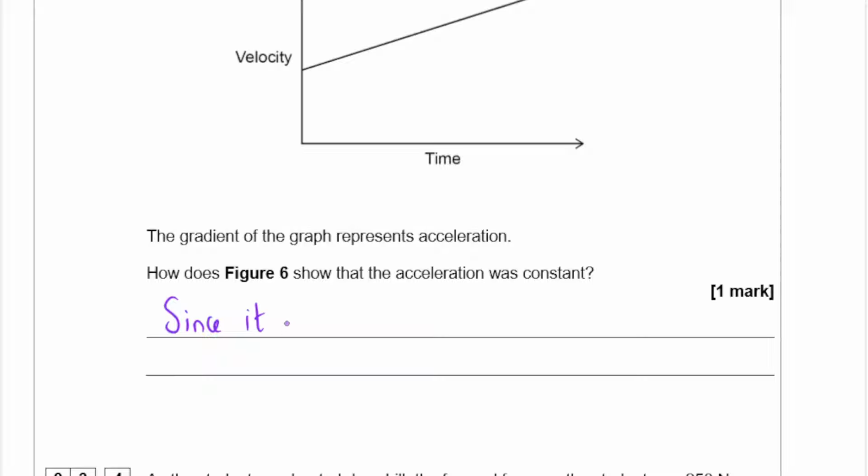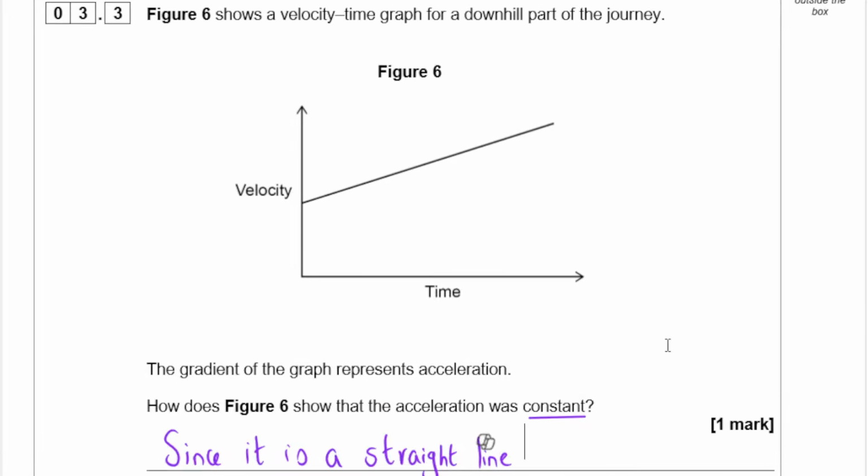Since it is a straight line, that is the reason for it being constant. Now, if it wasn't constant, let me show you what the graph would actually look like.